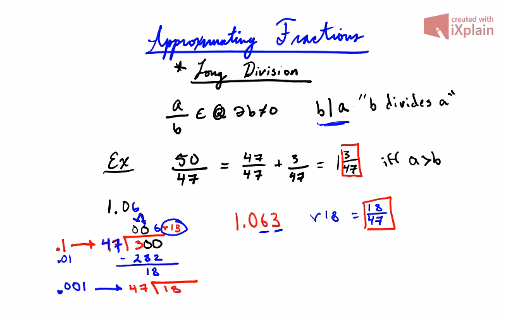So I have to put a 0 here. I borrow from it, and this becomes 180. Now 47 does go into 180, right? If you do 180 divided by 47, you'll find that it goes in 3 times. 47 times 3 is 141.